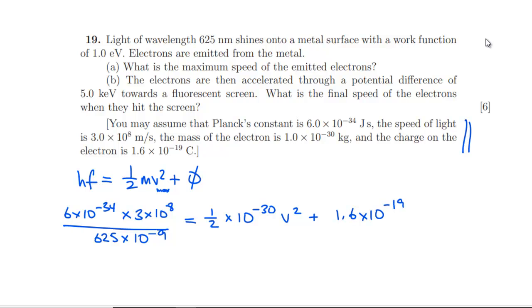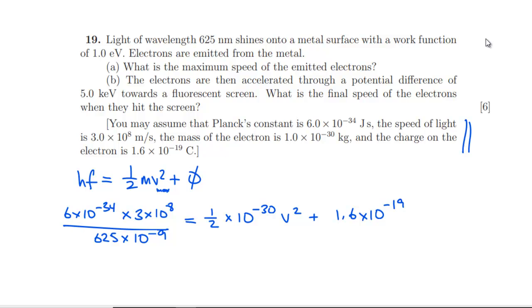So we need to solve this for V. Right, wonderful. So let's multiply everything by, well, I suppose I could double it. Do I want to try and deal with some of these numbers over here? Yeah, let's maybe deal with some of these numbers over there and get rid of these 10 to the minus 19s as well.